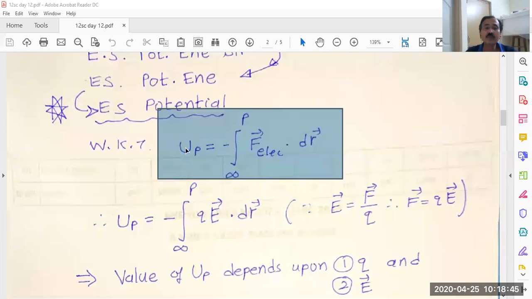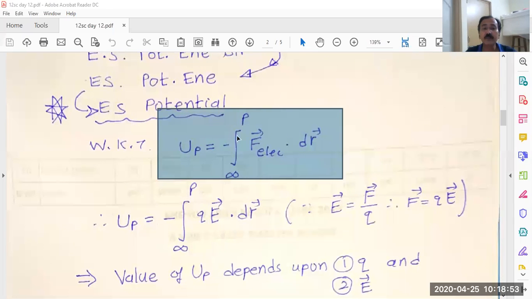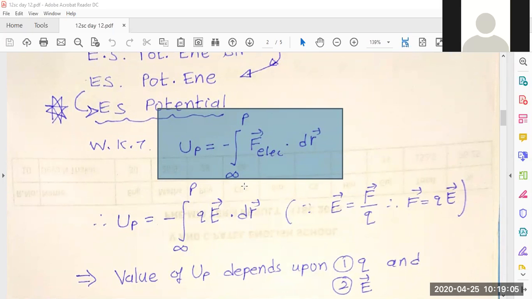Okay. What is the meaning of UP? Potential energy at P. What is the meaning of this integral sign? Integration from infinity to P. So what do you mean by infinity to P?